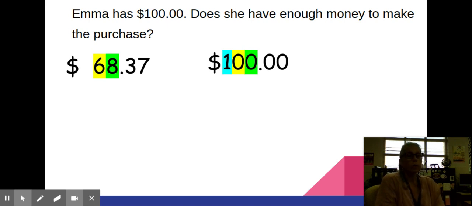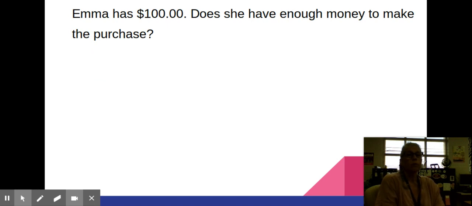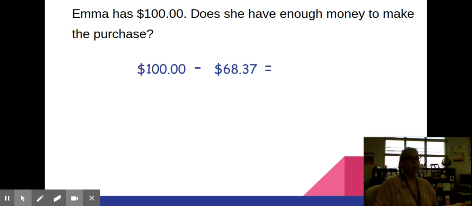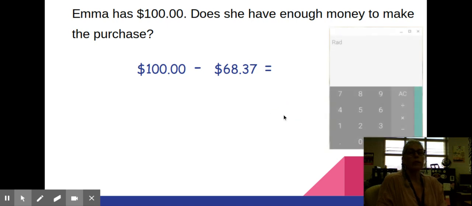You could also take the $100 and subtract Emma's total purchase. If we have money left over, we will know that Emma has enough money. So 100 minus $68.37.